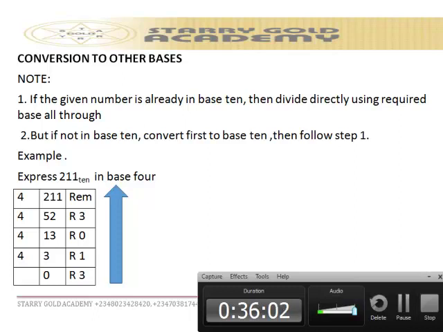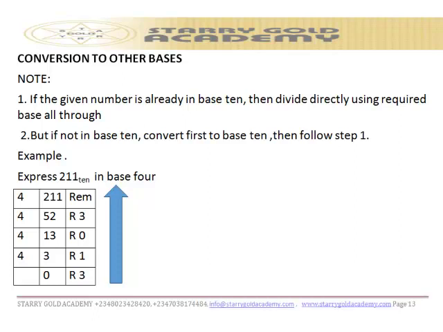But now we're talking about converting to other bases. Now take note of this. If you are being asked to convert to another base, and the number you are given is already in base 10, then divide directly throughout with the required base. For example, if you are asked to convert to base 5, that means you are going to divide through with 5. No matter what the number is, you divide all through with 5.